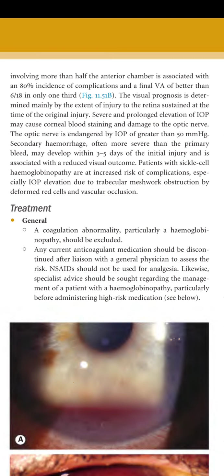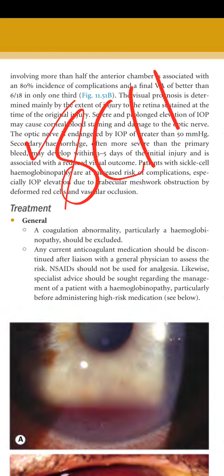Patients with sickle cell hemoglobinopathies are at increased risk of complications, especially IOP elevation due to trabecular meshwork obstruction by the deformed red cells and vascular occlusion. So in the case of hyphema, one should always be aware of sickle cell hemoglobinopathy. Why?